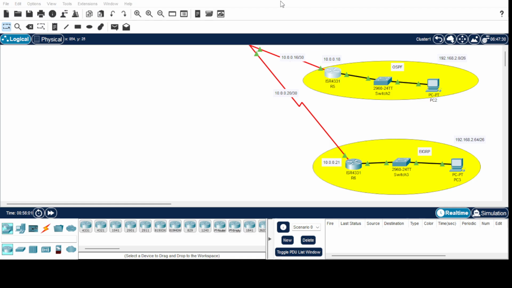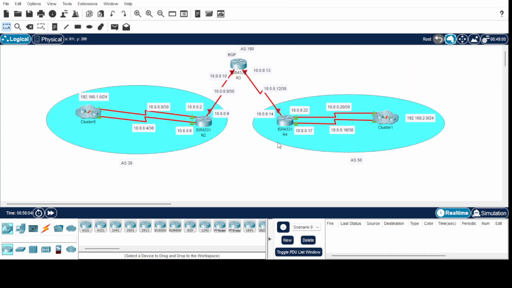We have to check whether we have defined it in the edge router also. I think in the edge router we haven't yet defined. So we have to go to router 4, the edge router of cluster 1.